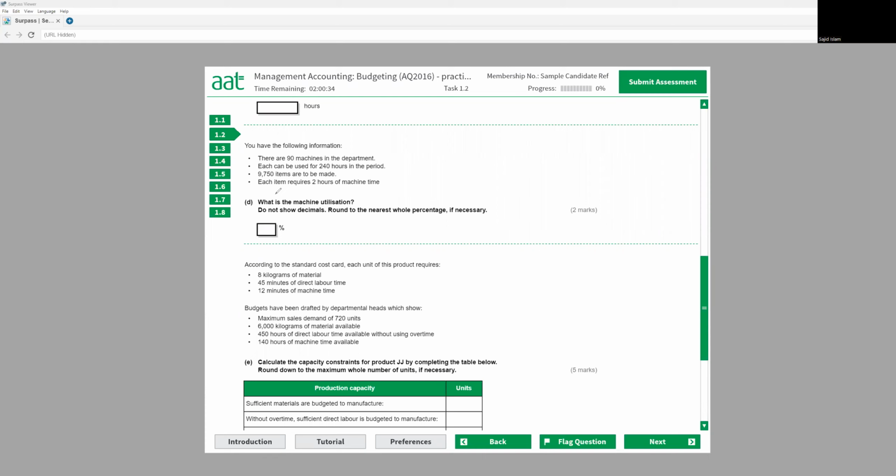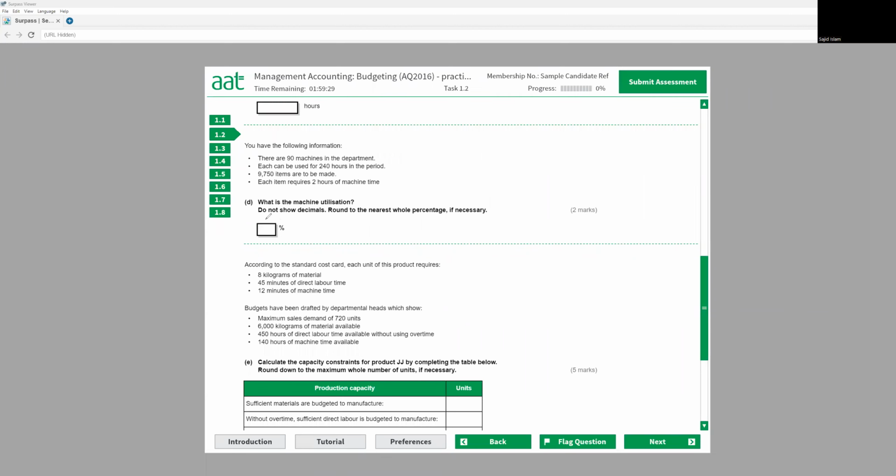Each item requires 2 hours of machine time. What is the machine utilization? So I need to look at how much capacity we have and how much we are using. This is what you have to find out.